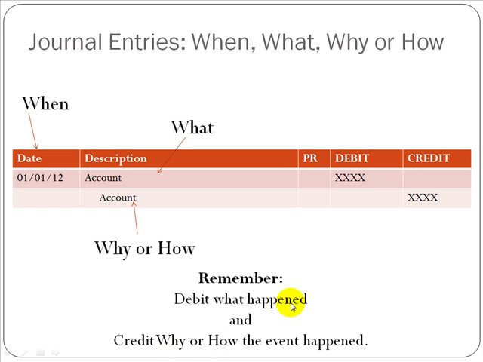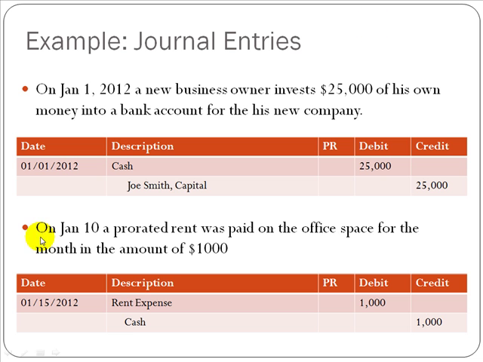So let's take a look at the transaction we just discussed about the owner investing $25,000 in cash. On January 1st, 2012, a new business owner invests $25,000 of his own money into a bank account for his new company. Earlier, we already understood that we were going to use the cash account and the capital account. So we list the date when the transaction happened, January 1st, 2012.